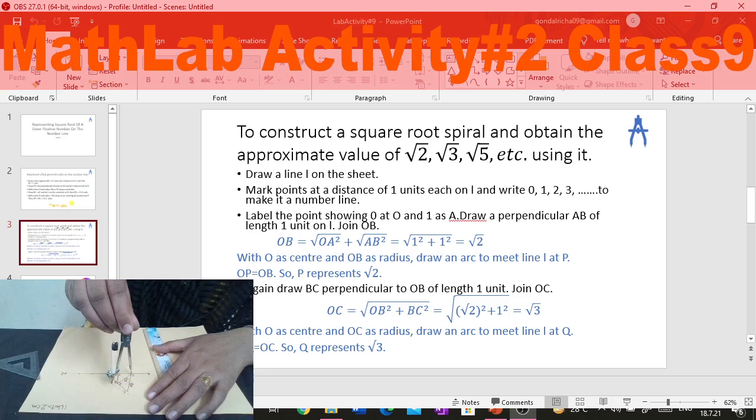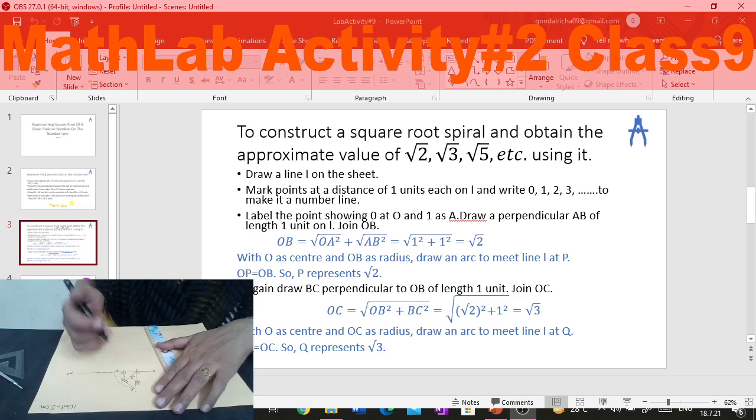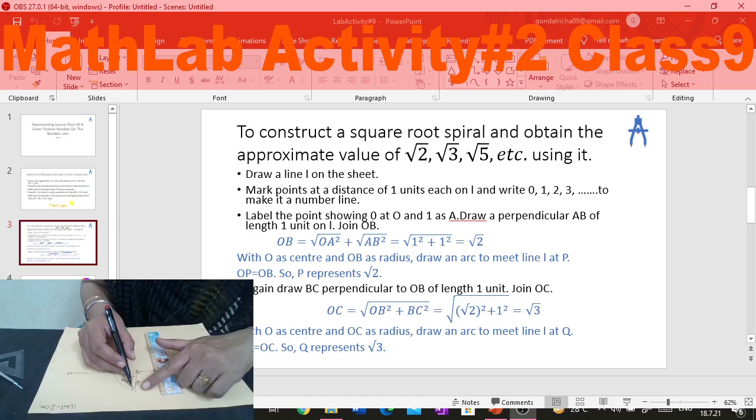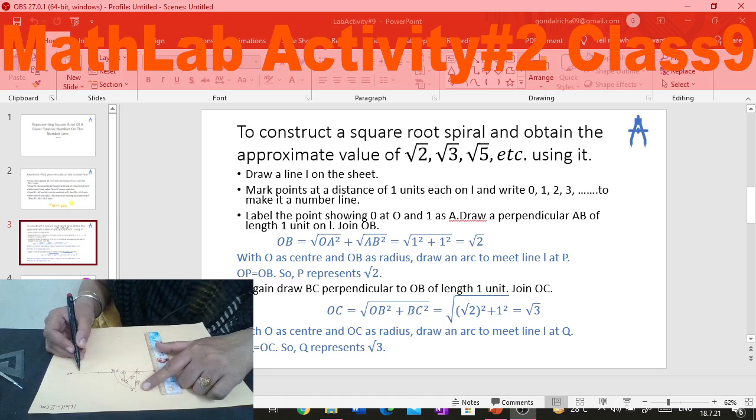Let's label it as Q. This arc, drawn with center O and radius OC, is intersecting line L at Q.